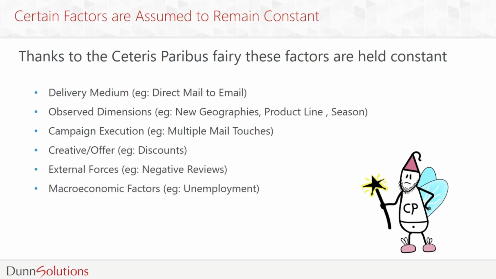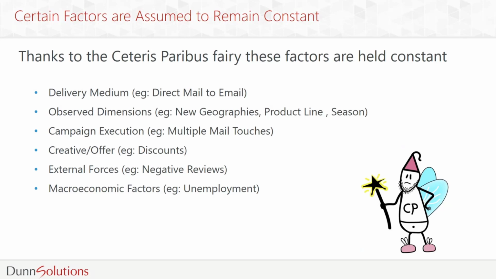And remember that the model is built on historical information. So any substantial change in any of these factors, and probably more than these, such as the amount of discount that you're giving a prospect to incentivize them to become a client, or the number of pieces of mail that you send them, and so forth, right?